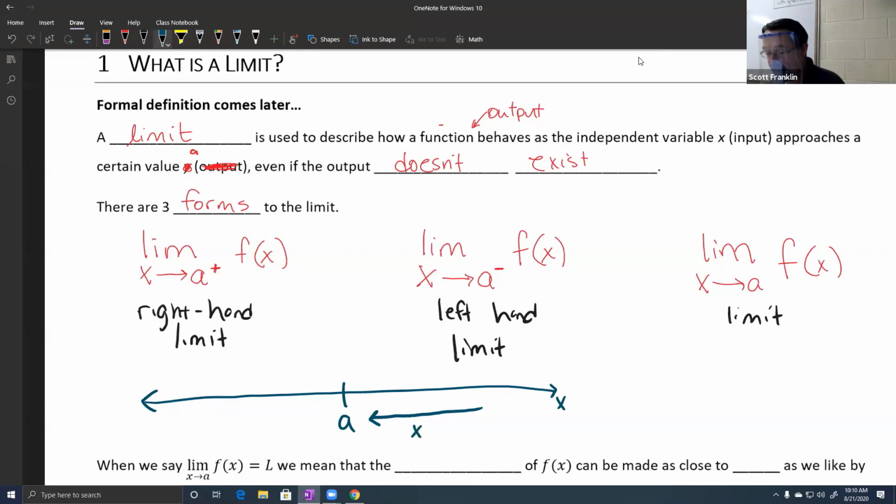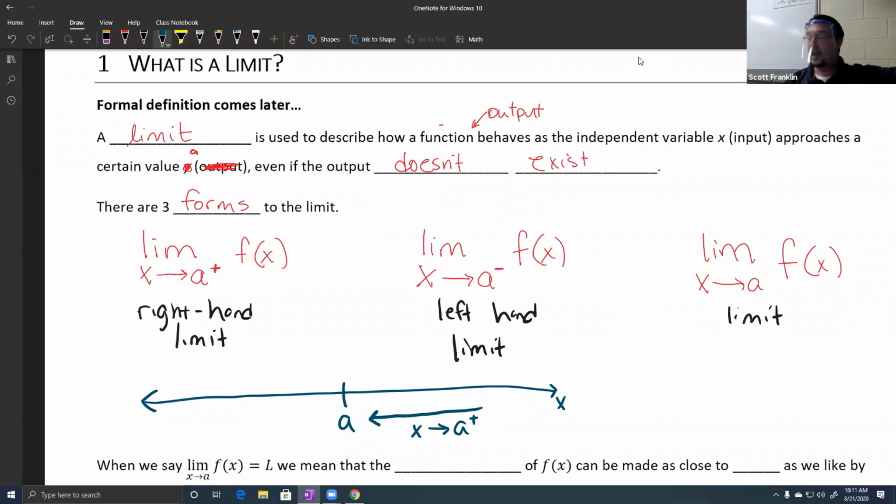As x approaches a plus means come in from the plus side of a, meaning come in from above a, to the right of a, from larger than a, getting closer and closer to a. So if a was 5, I would start with maybe 10, and then 6, and then 5.5, and then 5.1, and 5.01. Those are numbers that are getting closer to 5, but they're from the right-hand side.